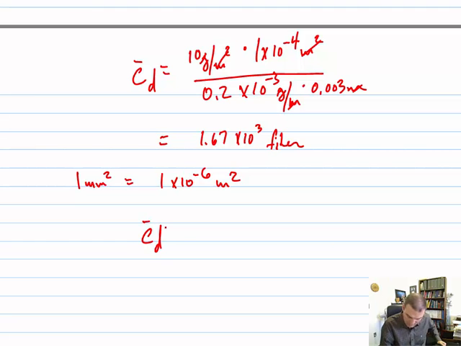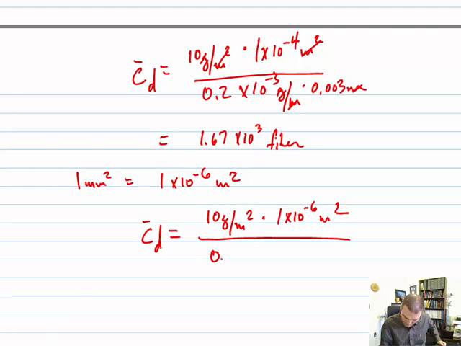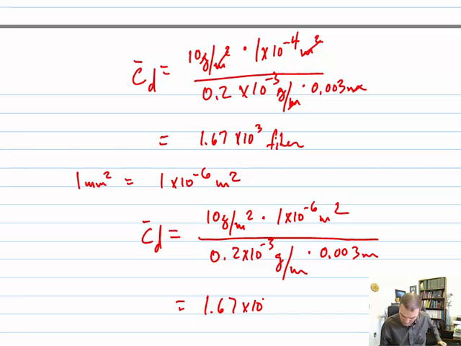We plug this in, not into E, it should be C. Grams per meter squared times 1 times 10 to the minus 6 meters squared over 0.2 times 10 to the minus 3 grams per meter times 0.003 meters. And when we work through this, we're going to change by a factor of minus 7, so we'll end up with 1.67 times 10, which is equal to 16.7 fibers.